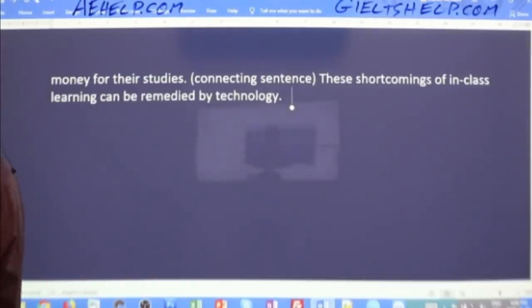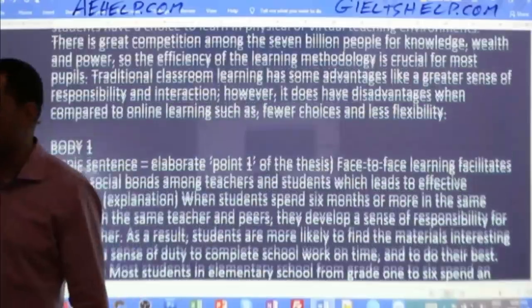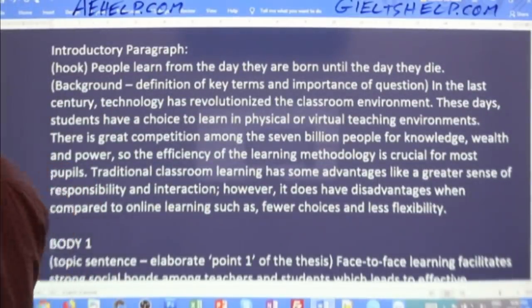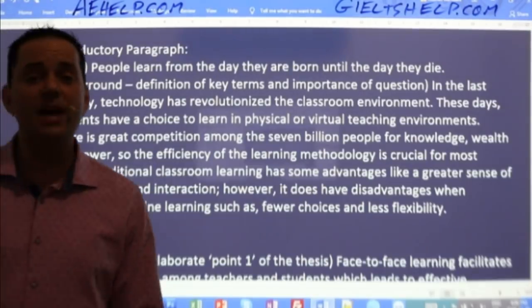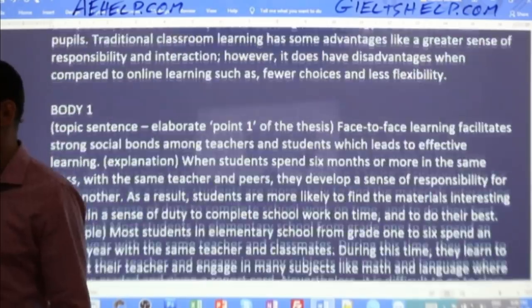Okay, and then comes body paragraph 2. And body paragraph 2 also starts with a topic sentence. Just like body paragraph 1, but of course that's going to focus on online learning. Okay, so now we've run out of time for body paragraph 2 and conclusion, ladies and gents, but worry not.